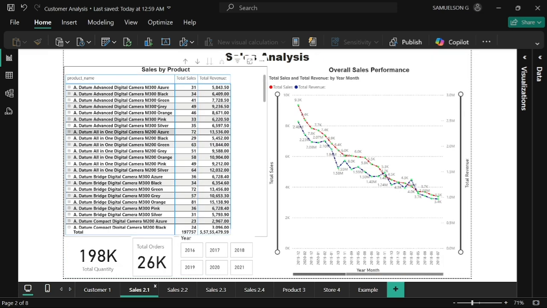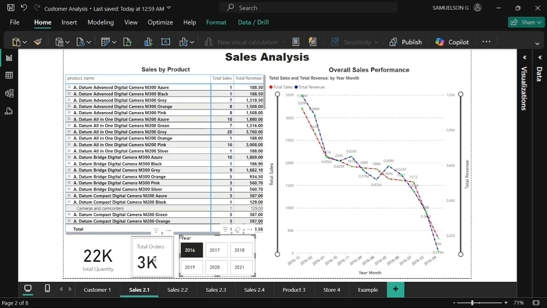Now here you can see total orders. In 2016, total sales are 21,000, but total quantity is what we have in store. Total quantity means total products. They have 22k products, but they sold 21,761, and they got 6 million in revenue.